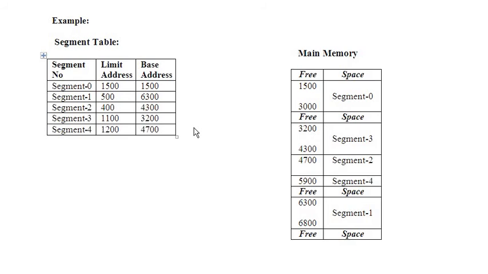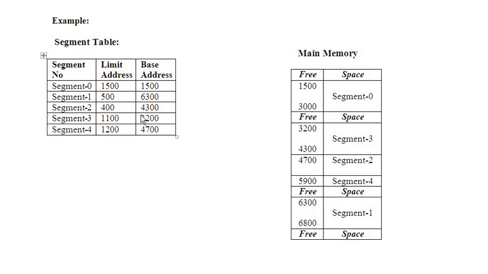Next, at 4300 we have a base address where I can place segment 2. We start immediately at 4300, add the limit, and get 4700. So segment 2 has been fit in here. There is no free space between these two segments; they are contiguous.